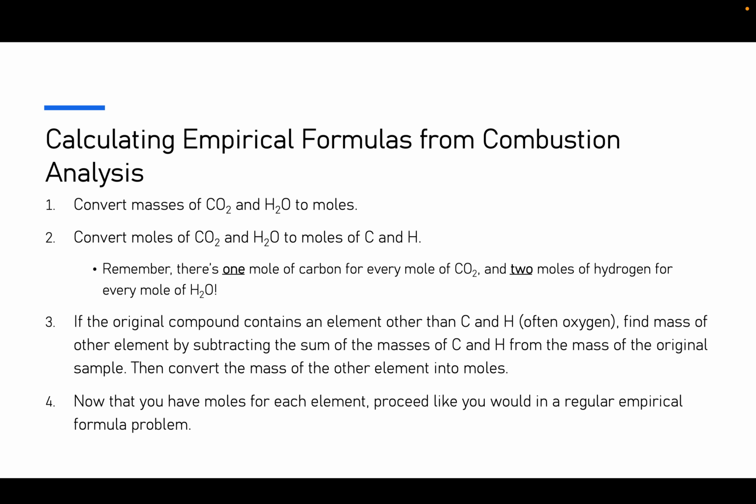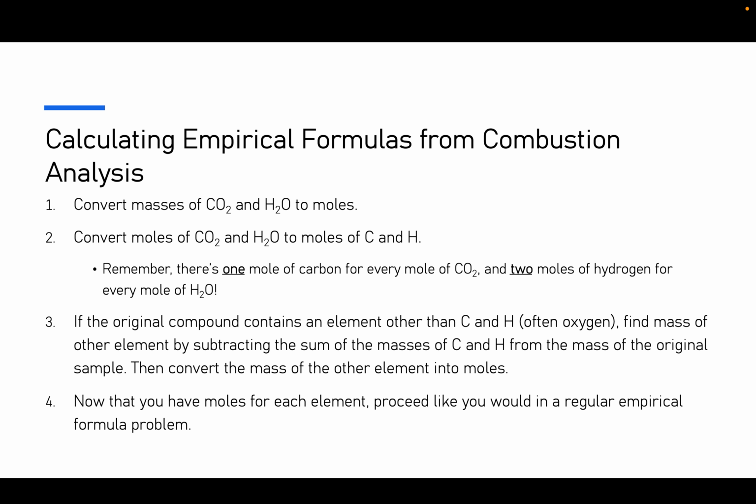Okay. Then you have to look and see what information you have about the original compound. If the original compound has another element in it other than carbon and hydrogen, like I said, that's often oxygen, sometimes something else, then you have to find the mass of that. You're going to do that by turning the moles of carbon and hydrogen into grams, into masses with a conversion, and subtracting that mass from the original mass of the compound.